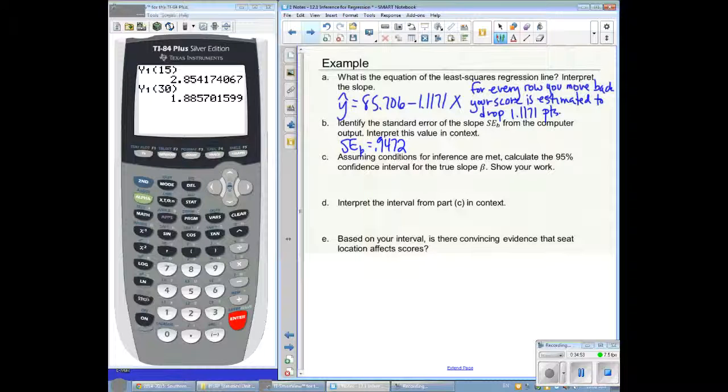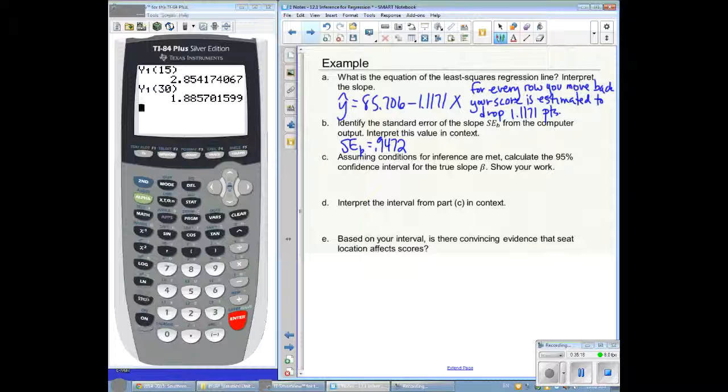Okay, and the standard error, it's similar to the standard deviation. It's basically describing, or we can basically expect the rate of change, because that's what slope is. We can expect the rate of change to vary about 0.9472 points per row in repeated sampling. Do I need to write that out?